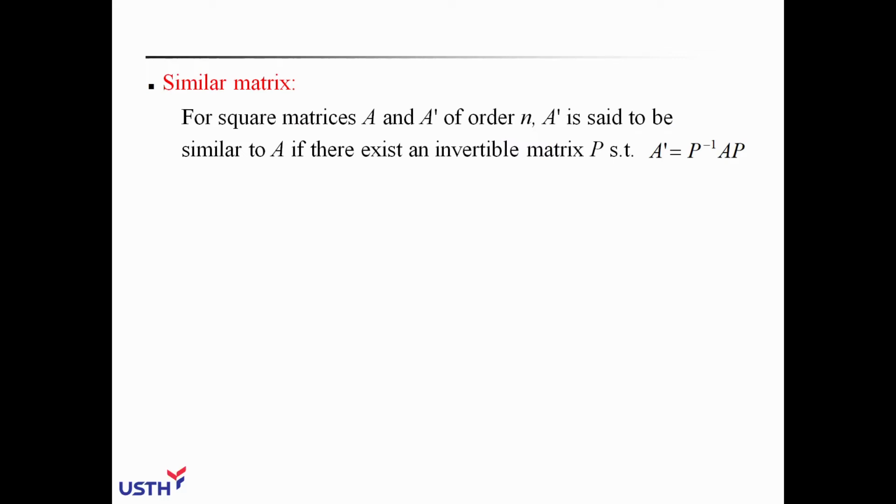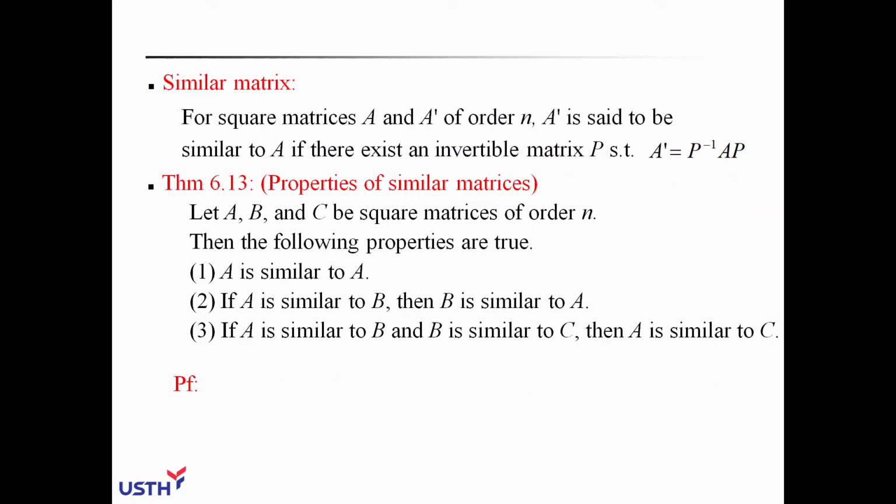Then we say A prime is similar to A if we can find an invertible matrix P of the same size n, so that A prime equals P inverse multiplied by A multiplied by P. That is the definition of two matrices being similar to each other, A and A prime.